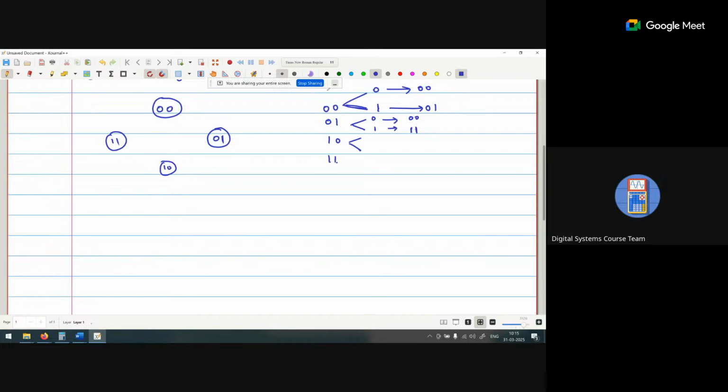At 10, when it is 0, it will go to 01, and at 11, it will remain as 10.